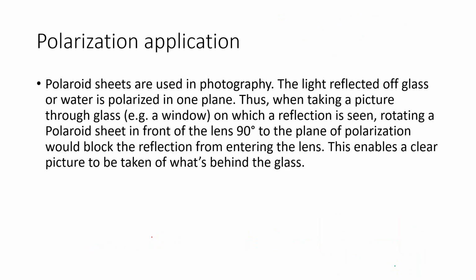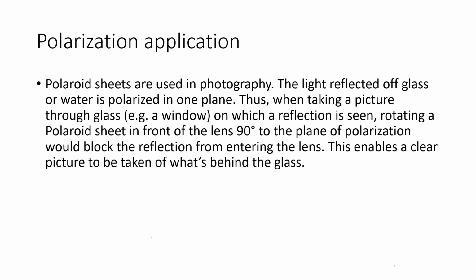Not only do we talk about the glasses, but another application that we should talk about is in photography. Whenever you're taking photographs using a camera, sometimes water might be within or in close proximity to where you're taking the photo, right? And for that reason, sometimes a reflection is on the water surface.